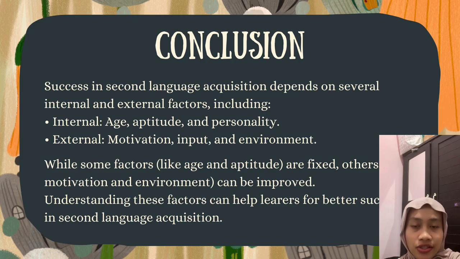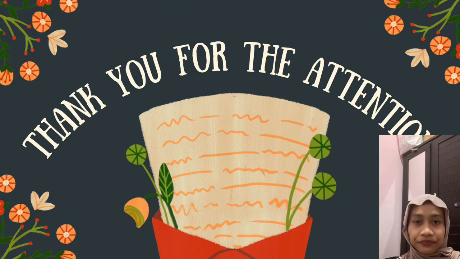While some factors like age and aptitude are fixed and cannot be changed, others like motivation and environment can be improved. And understanding these factors can help learners achieve better success in second language acquisition.